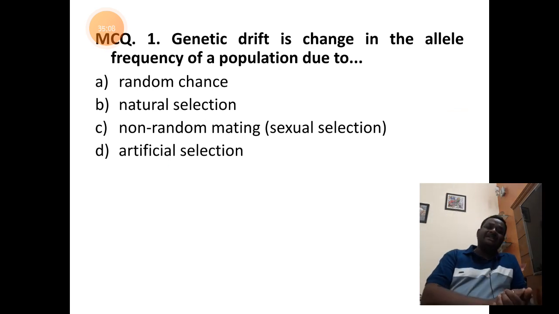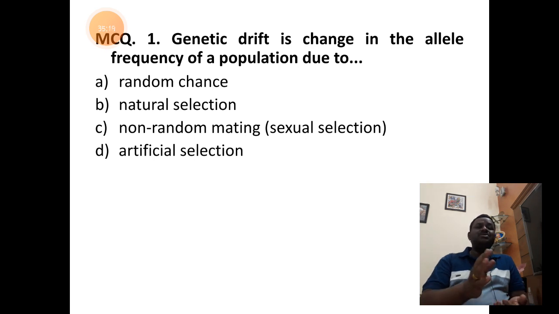So after understanding the concept of genetic drift, its types called bottleneck effect and founder effect, now we shall try to answer the MCQs. Question 1. Genetic drift is the change in allele frequency of a population due to which of these options?